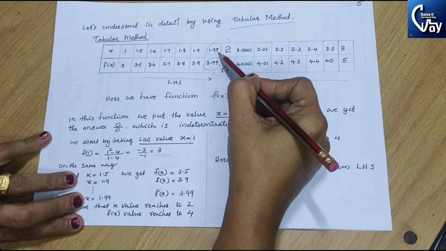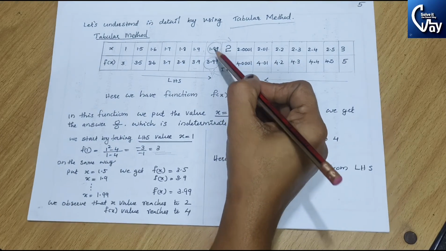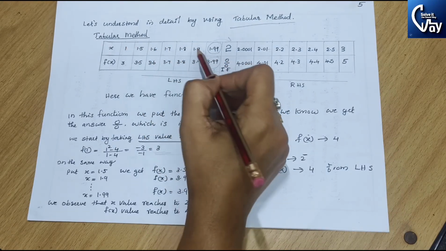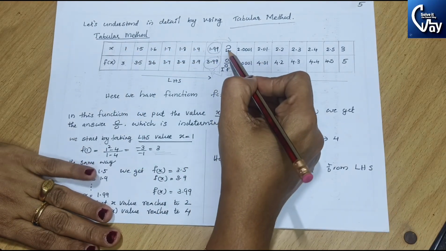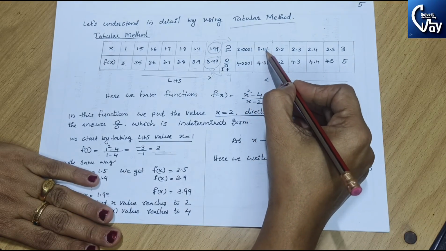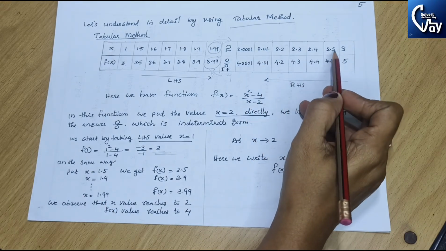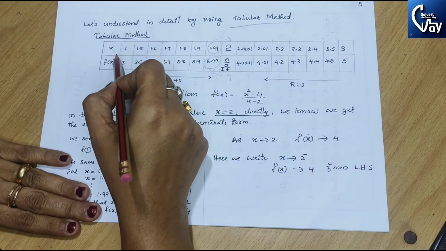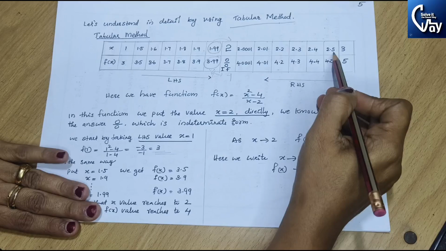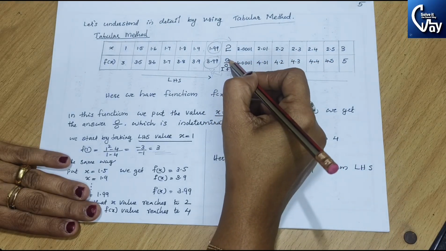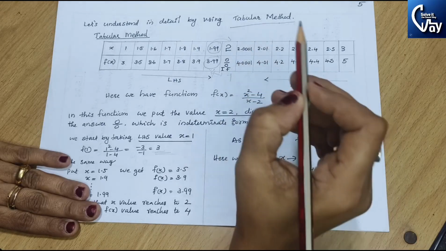Then 1.99 is less than 2, then 1.9, 1.8, 1.7, 1.6, 1.5, 1. All the left side values are less than 2. Then 2.0001, 2.01, 2.2, all the values are greater than 2. These all are left hand side values. These all are right hand side values. At x equal to 2, the function becomes indeterminate.